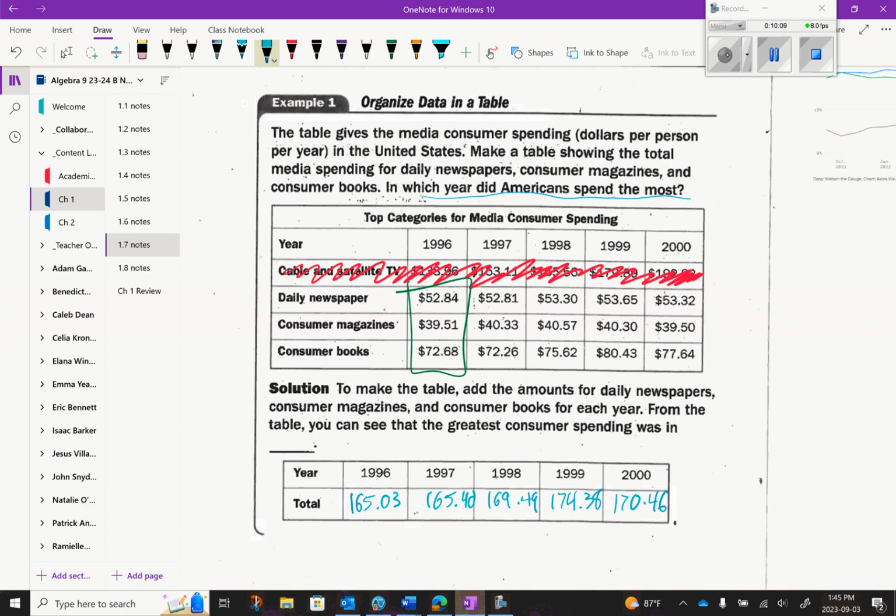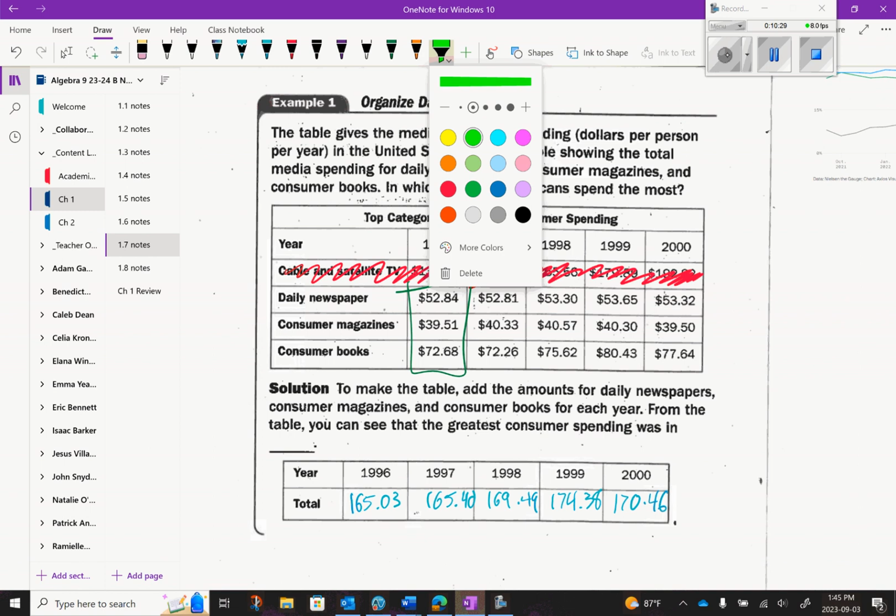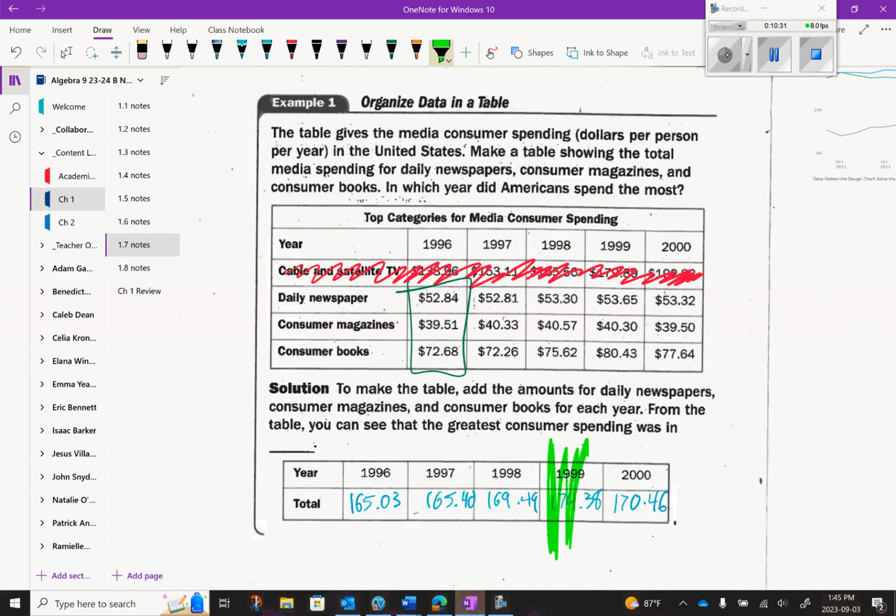Things tend to get more expensive as time goes on. Then it went up for 1998, it went up for 1999, and oh, well, that's kind of surprising. There was actually a drop there for the next year. So, to answer the question, in what year did Americans spend the most? Our answer here is going to be 1999 is when they spent the most on average.